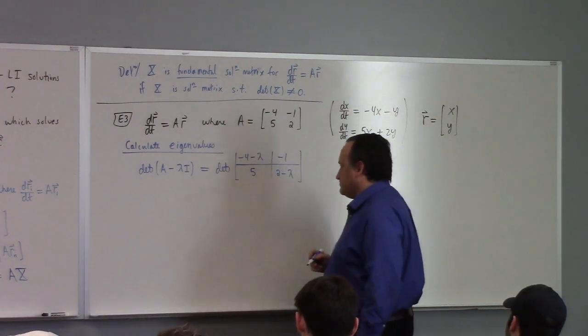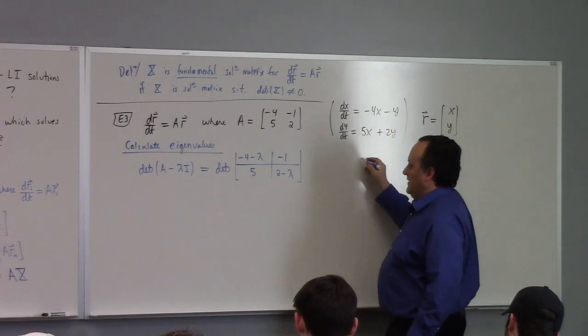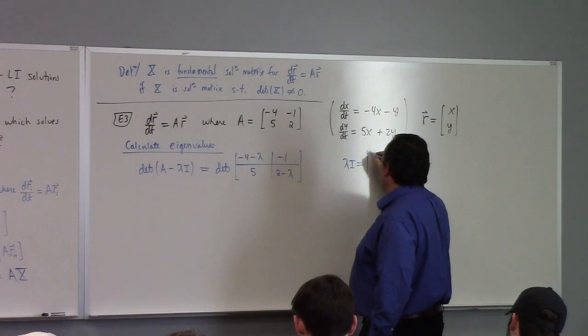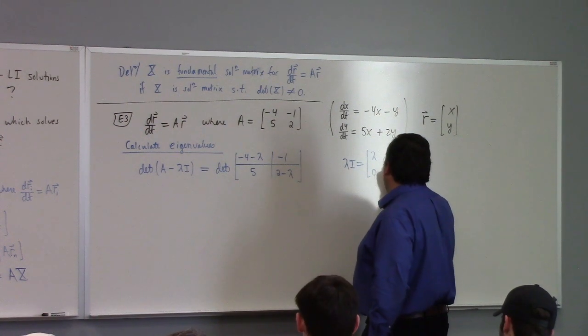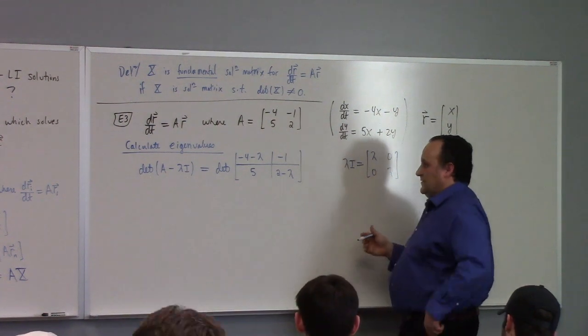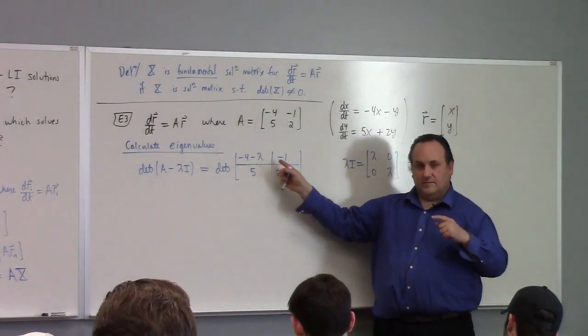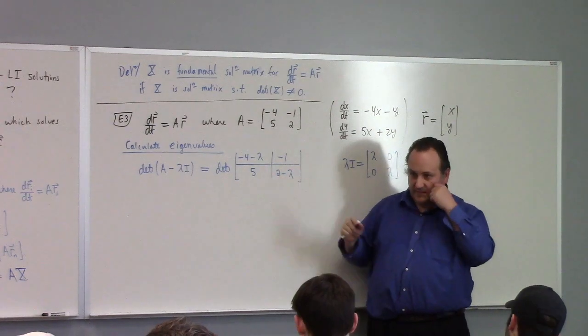So lambda times the identity here, guys, is simply a 2 by 2 matrix that looks like this. I'm just subtracting lambda off the diagonal entries. Do you guys see that?